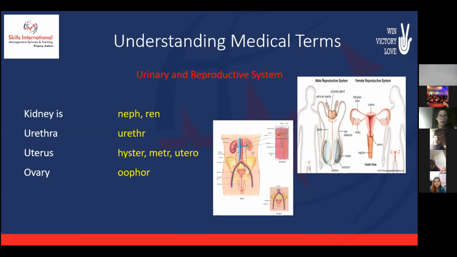Pero ang root word niya, neph. So pag nakakita kayo ng mga medical terms na merong neph or merong reno, it's all about kidneys. Your ureter, ito naman yung passage mo from your kidneys, from your bladder, ito yung passage ng urine natin. Dito dumadaan yung urine natin. So ureter, it's all about ureter.